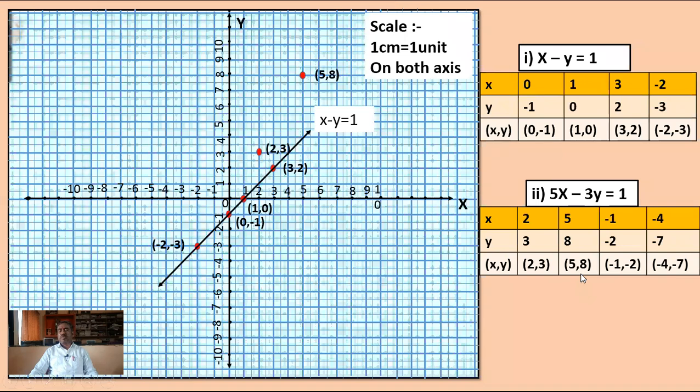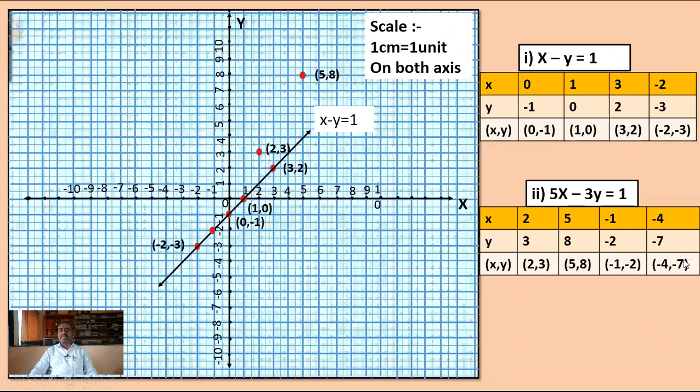Second point is 5, 8: x coordinate is 5 and y coordinate is 8. The next point is minus 1, minus 2: x coordinate minus 1 and y coordinate minus 2.